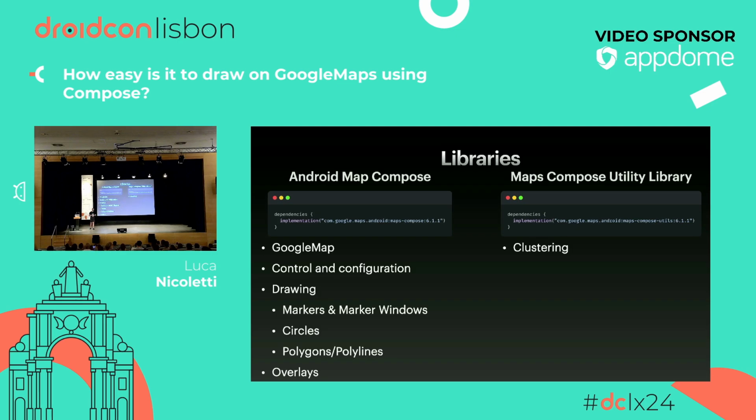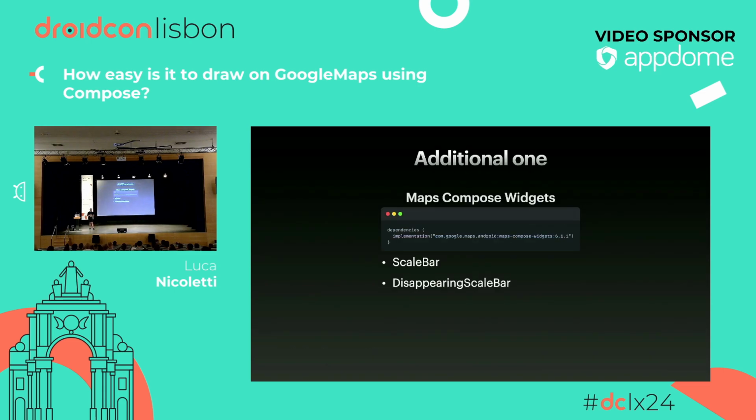One of the other 2 is the clustering inside the Compose util library. And then we have another one, which is the Compose widgets that contains the scale bar and the disappearing scale bar. I won't be covering this last one in this talk, since it just adds the scale bar on top of the Google Map to display how big the zoom level is, basically.